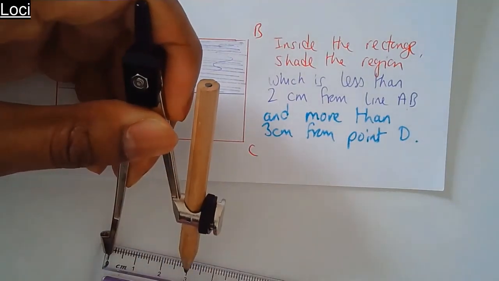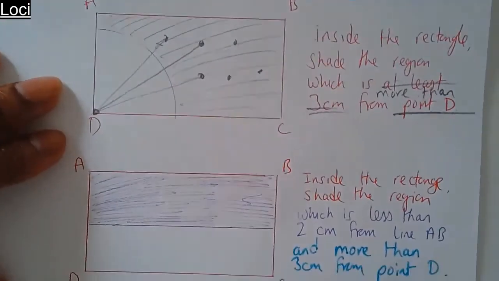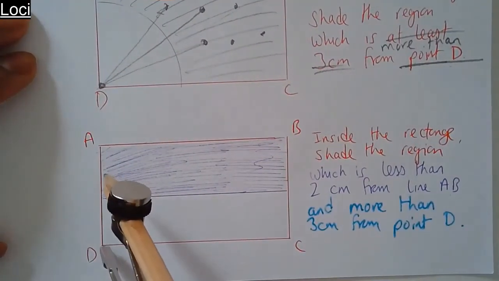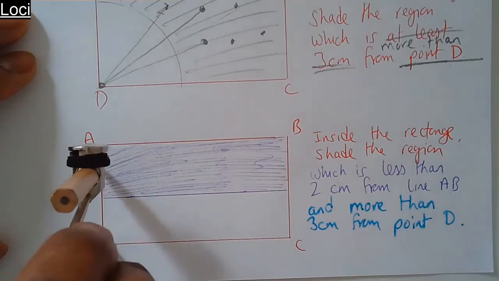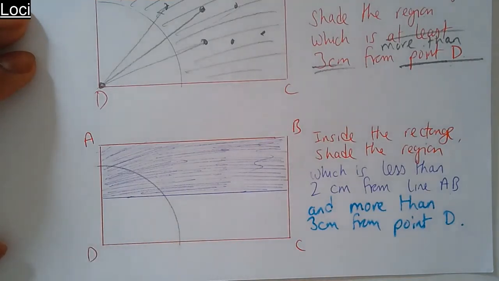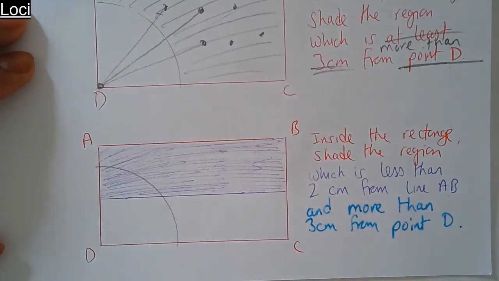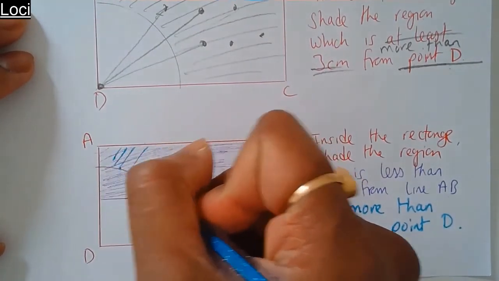Should be 3 centimeters. Put it on point D and draw your arc. So it'll be all of this.